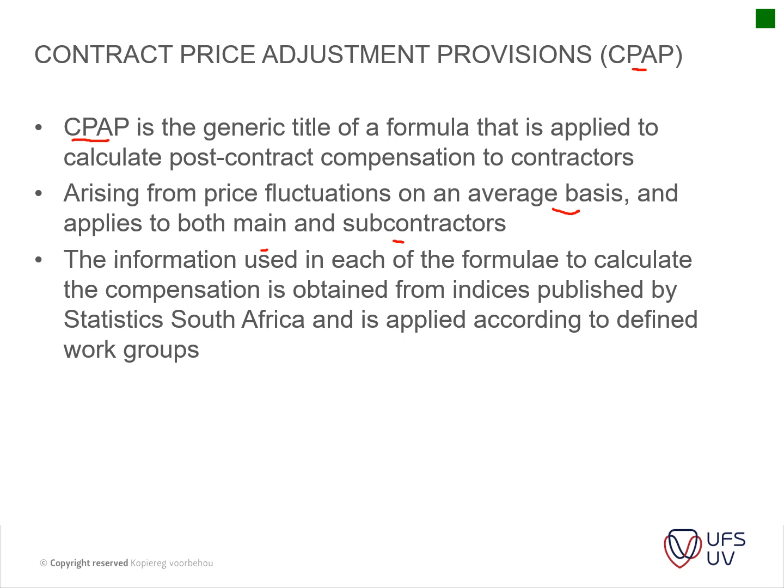The information used in each of the formulae to calculate the compensation is obtained from indices published by Stats SA, and is applied according to the defined work groups. So the work groups is just what I indicated now. So the main short and the long of it is CPAP is just basically inflation calculated on a month-to-month basis on a project.